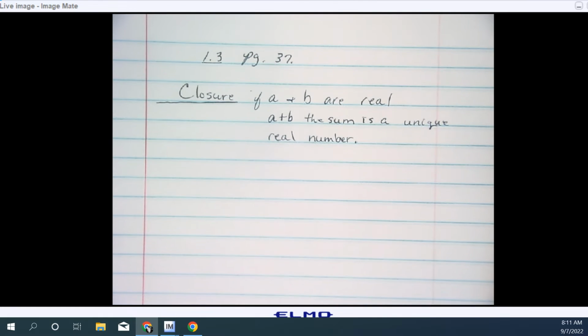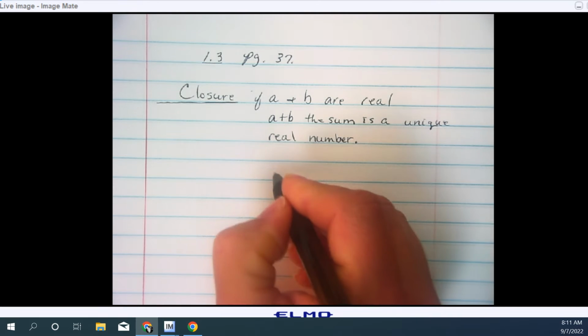That's the definition of closure, which kind of makes sense because if you plant a pumpkin seed, you expect to get pumpkins. That's closure. If you add real numbers, then you should get an answer that is real. So that's all closure is saying. Same thing with multiplication.